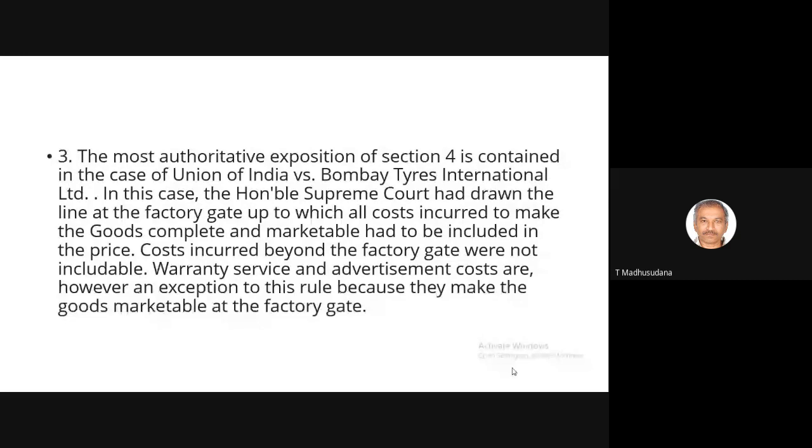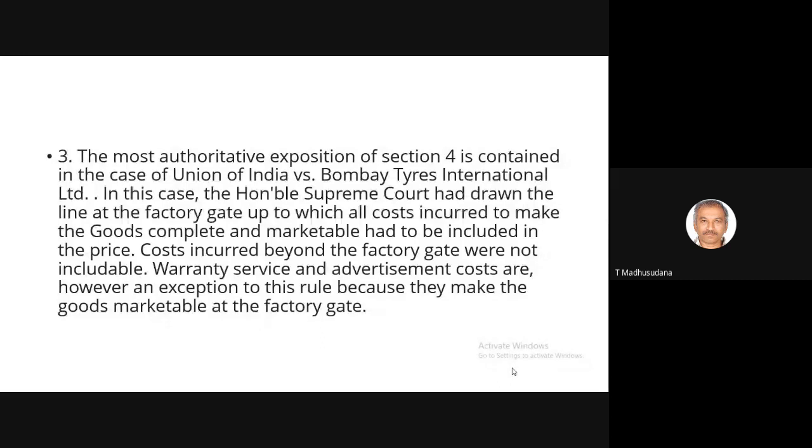After coming out of the gate, all costs may not be addable to the prices of the product. Costs incurred beyond the factory gate were not includable.